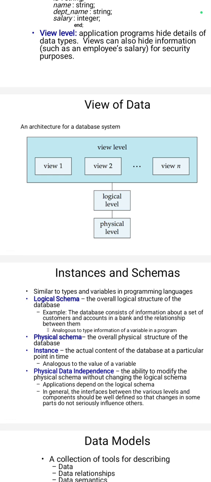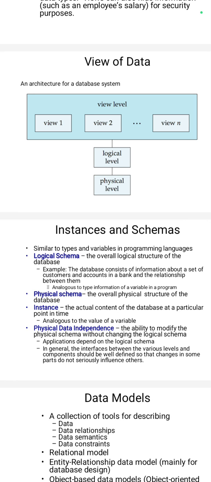For example, the database consists of information about a set of customers and accounts in a bank and the relationship between them, analogous to the type information of a variable in a program. The physical schema is the overall physical structure of the database, how it is stored in the physical storage. An instance is the actual content of the database at a particular point in time, analogous to the value of a variable.